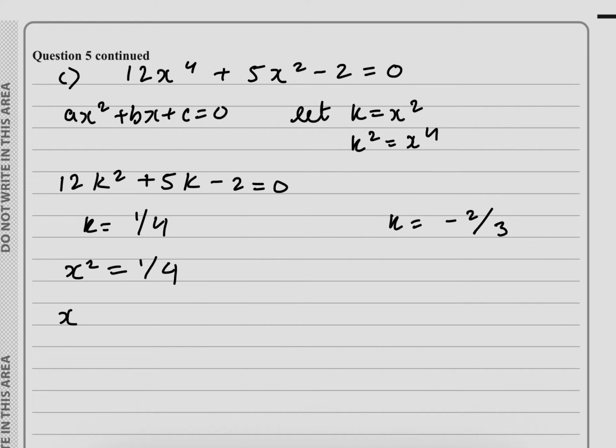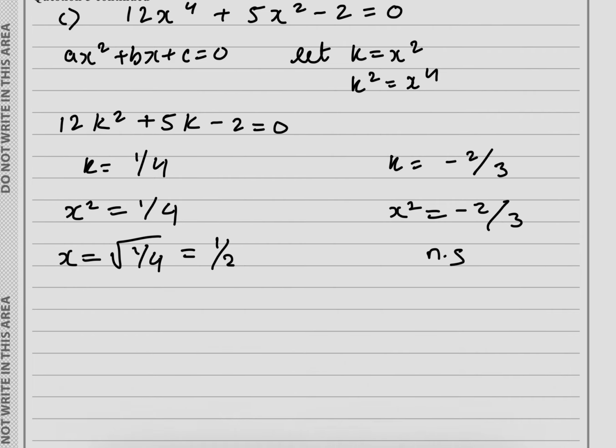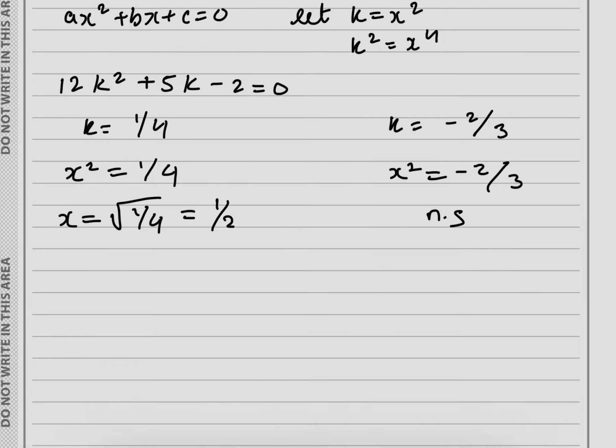Just root it, x will be equal to square root of 1 by 4, so x is equal to 1 by 2. And in this one, x squared is equal to minus 2 by 3. Automatically, you should know that all numbers squared, even if negative, give us a positive number. So there's no way anything squared will give us a negative number. So this one will have no solution, and you should just write that. So our x, we have found it to be 1 by 2.